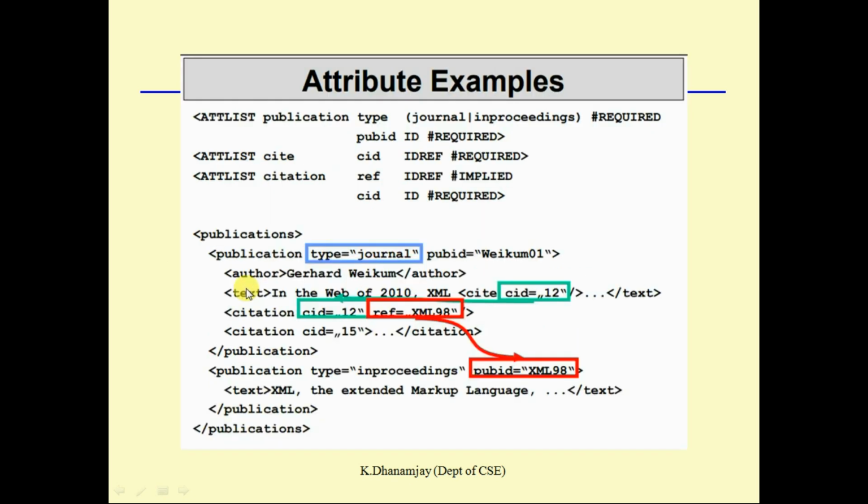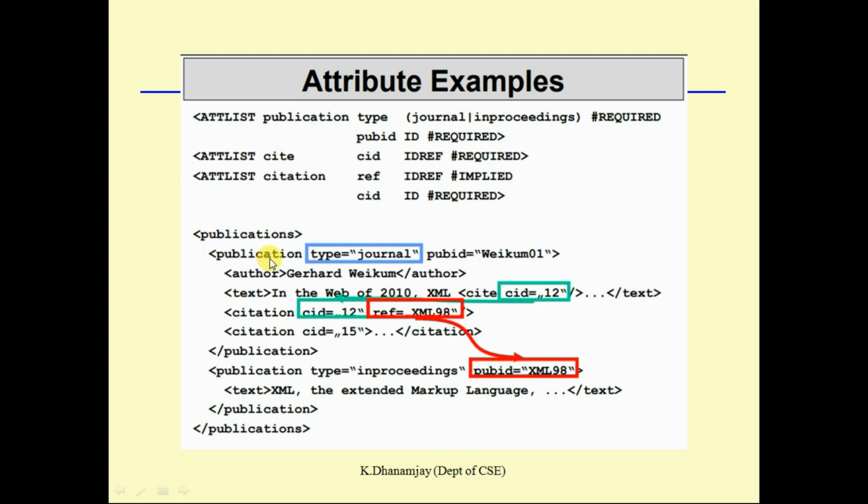Now let's see an example of how attributes and their types will be specified, and how they will be referred. In this example we have an element with an ATTLIST, which has required, and here ID is specified with type ID. In this example I am displaying information about journals, so I am using publications as the root element.